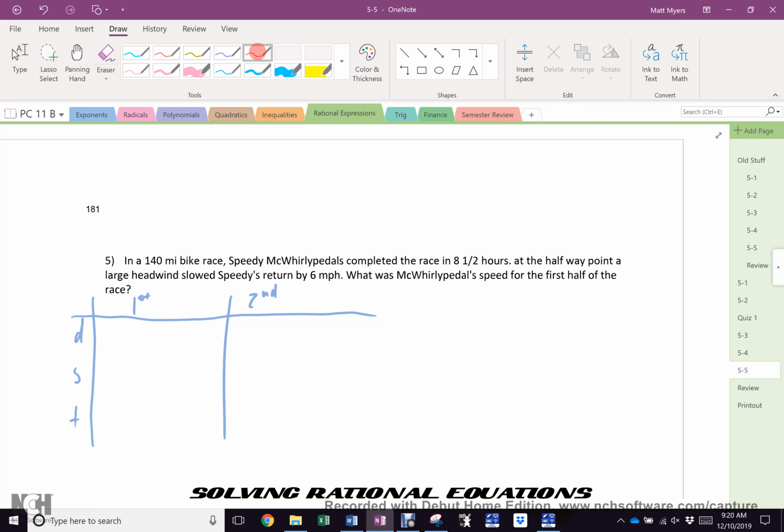Oh, it's distance, not time. Somebody tell me how far the first half of a 140-mile race is. 70 miles. How far is the second half of a 140-mile bike race? 70.